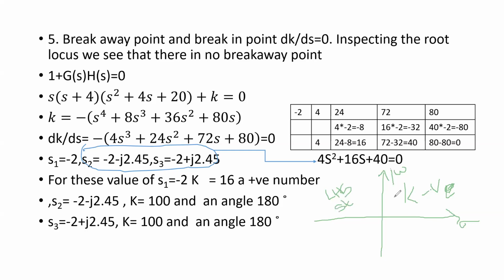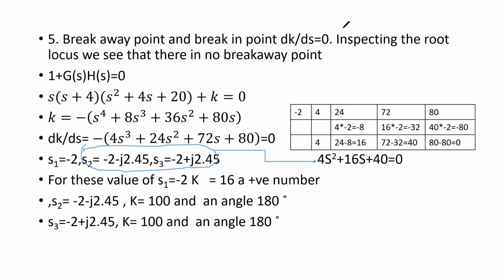Here the system is unstable. On the left hand side, k will always be a positive number, which means it is valid. If it is negative, it cannot be. On the axis, it is marginally stable. It is positive; once it crosses, it becomes negative. That is very important here. So that is one way to identify it.